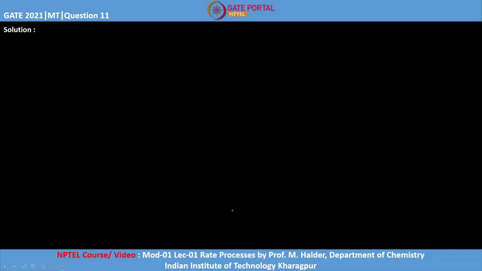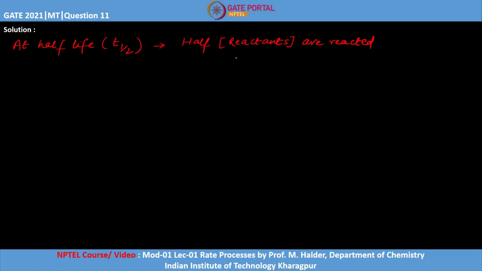Now coming to the options which is given to us, in that it is asked about the half-life. Half-life is nothing but when half of the reactants are reacted. So till that time, whatever time you get, that is called as half-life of the reaction. So at half-life, the concentration of reactant, which is A here, will be equal to the initial concentration by 2, which is A0 by 2.